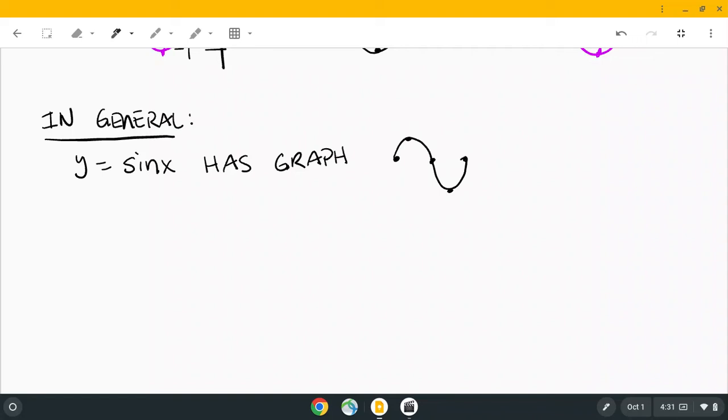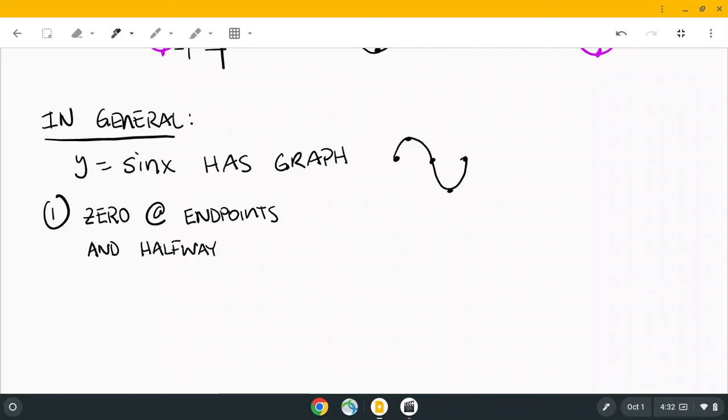So the y equals sine x has a graph that looks like this, and where you have 0 at the endpoints. The endpoints, this is the left end, this is the right end. So they have 0 at the endpoints and halfway in between. And we see that here, 0 on the endpoints and halfway in between.